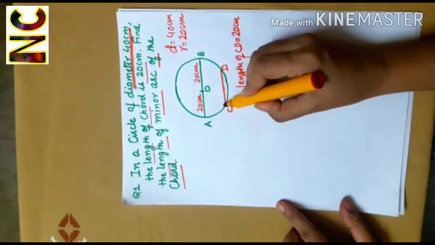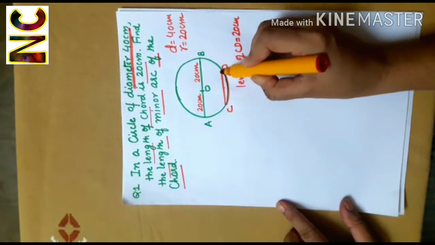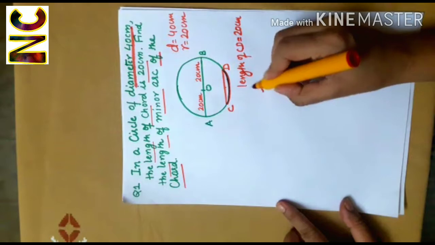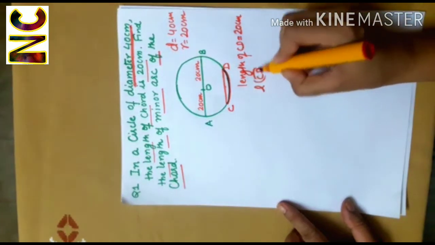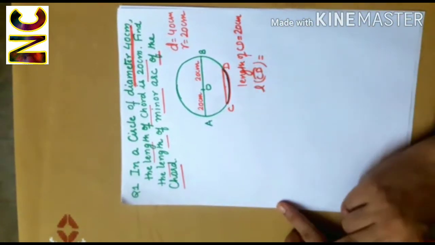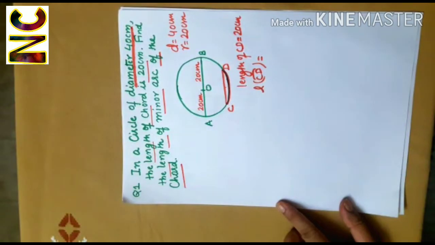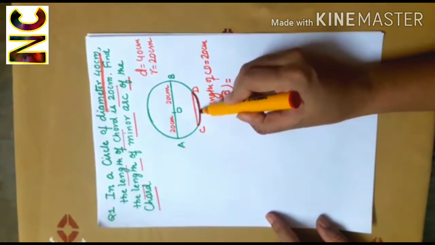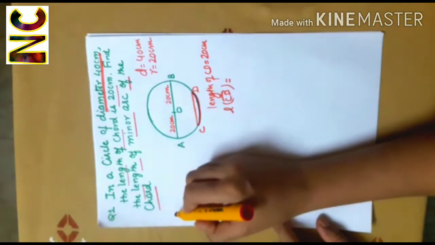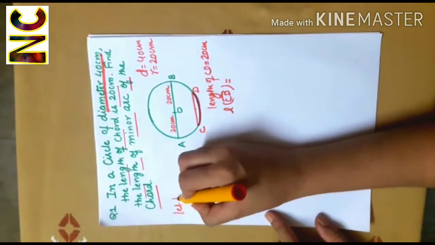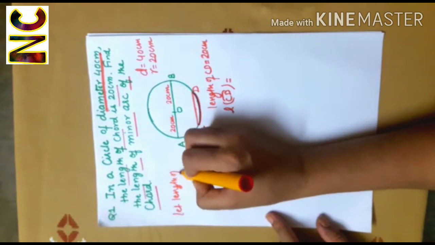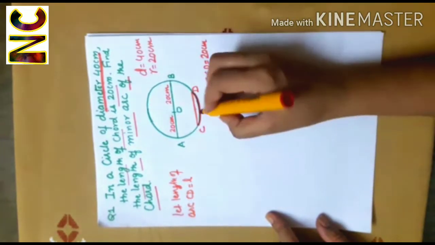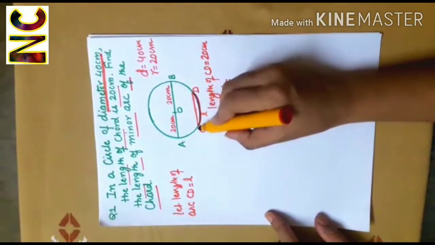We are to find out the length of this arc, so we need to find the length of the arc CD. So let the length of arc CD be L. That is, this length is L.